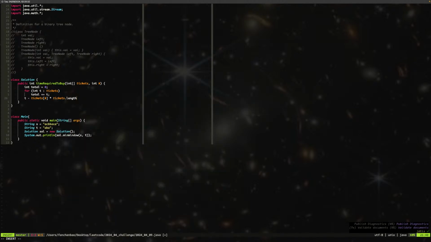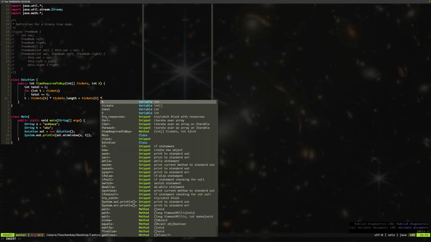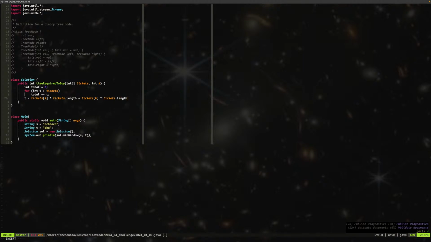So this minus this, and plus we need to do tickets k number of times, right? And each time is tickets length. So we return something like this. All right, so the total number at most is tickets k times tickets length. That's the total number of time it will take.